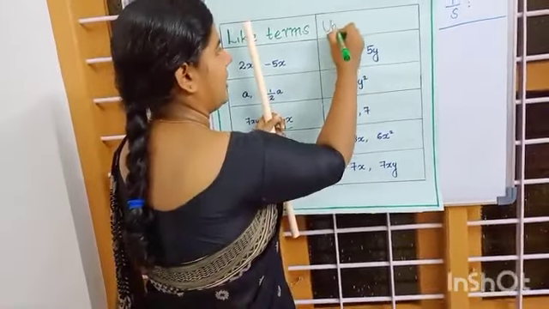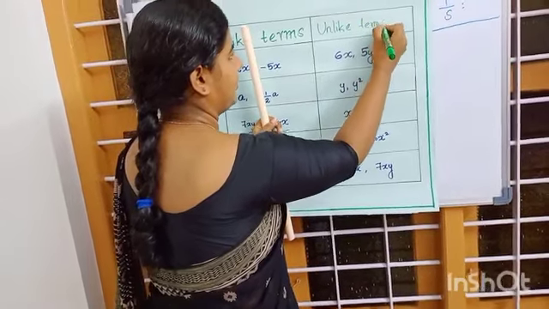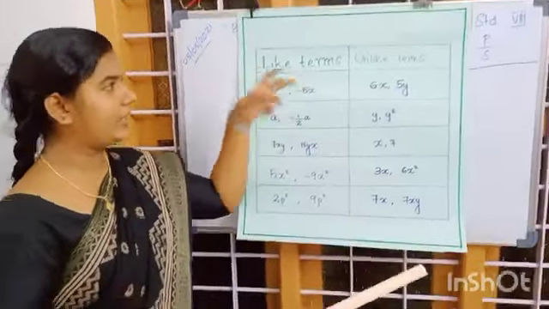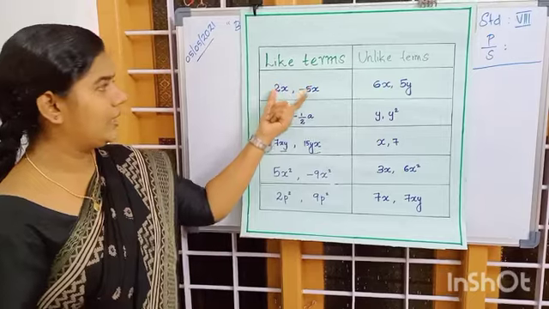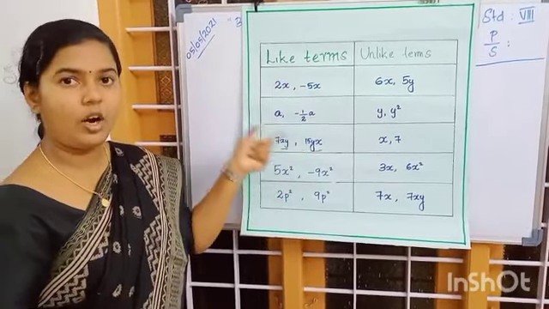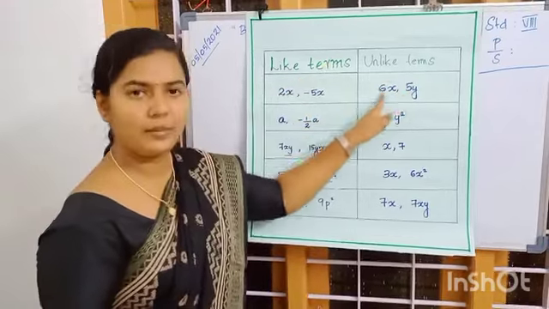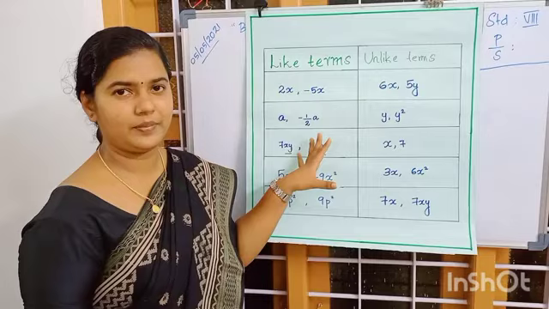Yes, so this is unlike terms. So then can you tell me how we divided this as like and unlike? Yes, the expressions with common variable, same variable, are said to be like terms and different variables are said to be unlike terms. I hope this is clear to you.